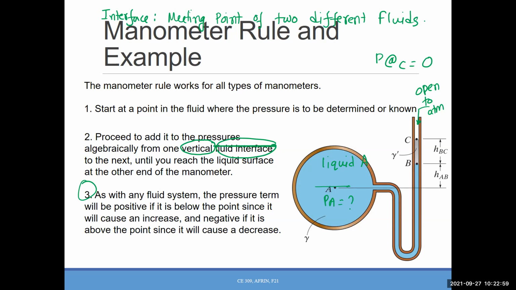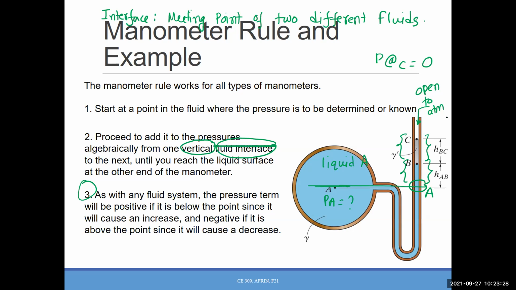Basically what they are saying, just think about point A here. Do you think the pressure at point A is due to this layer of fluid and this layer of fluid? Is it true?